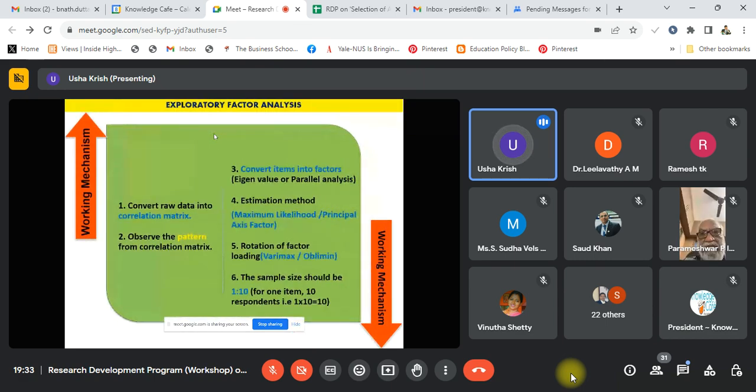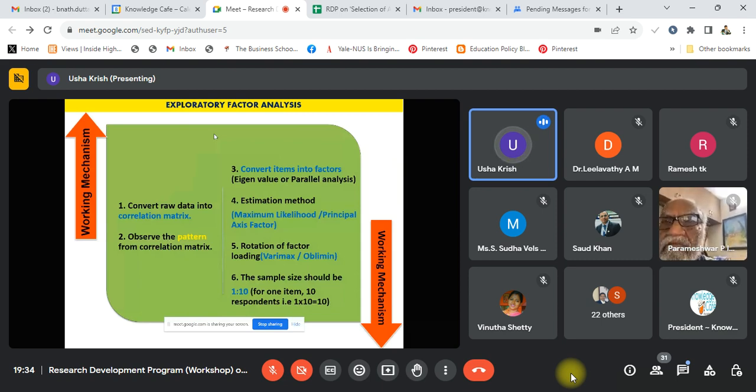If I want to do EFA, I need to consider certain points: we should use interval or ratio scale and we should have many questions. To do EFA, first we should calculate the correlation matrix. Then convert the items into factors by using eigenvalues or parallel analysis.